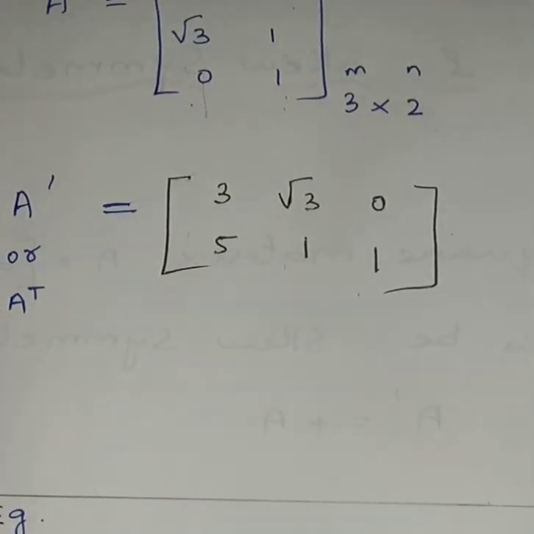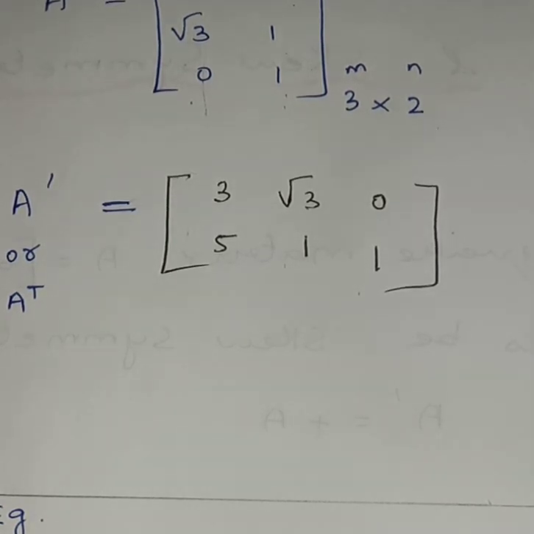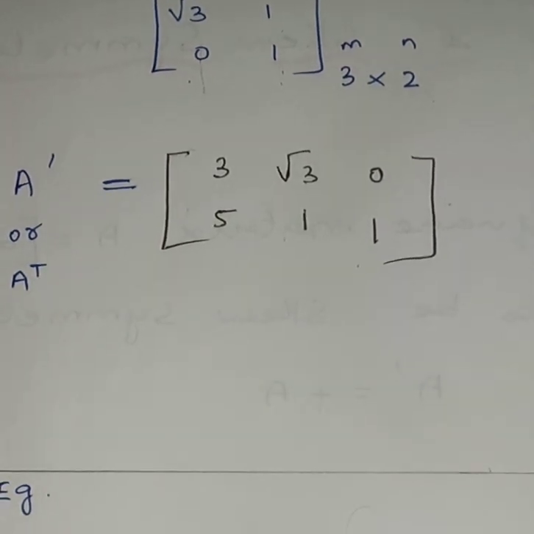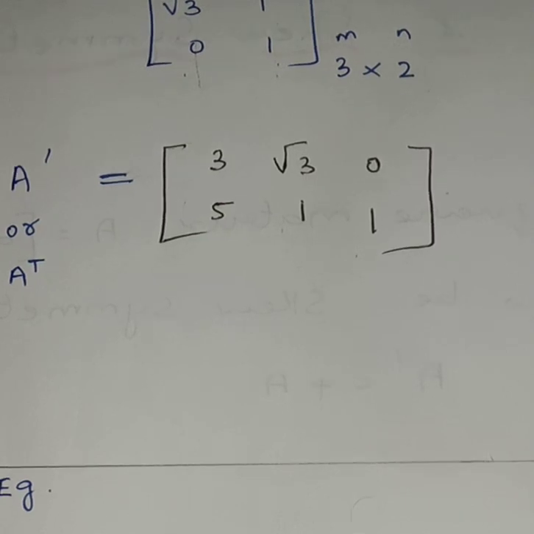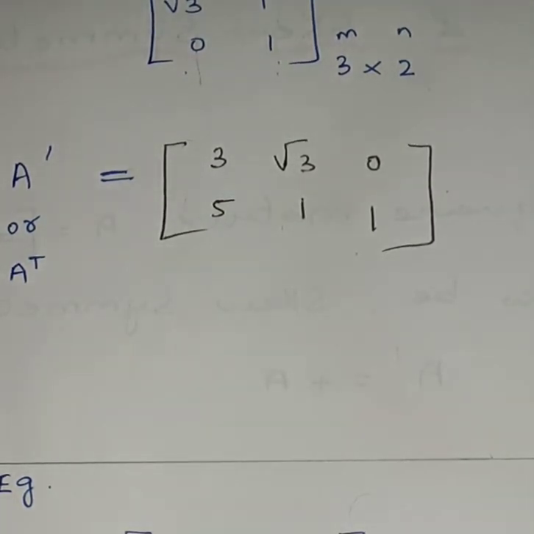Okay, let me see one more example. It's given B equal to 2 3 1, 1 4 3. So how many rows are here? 2 rows. How many columns? 1, 2 and 3 columns. So what is the transpose for this? Can you tell, students? The first row will become the first column.